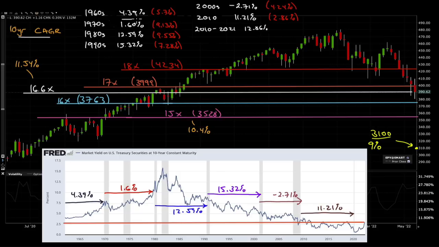And how I get 4.39% for the 60s is I look at the index price on January 1st, the opening price on the first day of trading for 1960, and then the last day of trading in 1969, December 31st, 1969, and you calculate what a compounded annual growth rate would be over those 10 years. Then you look at the average level of the 10-year Treasury: 5.7% for the 60s, 4.39% compounded annual growth rate in the price index.